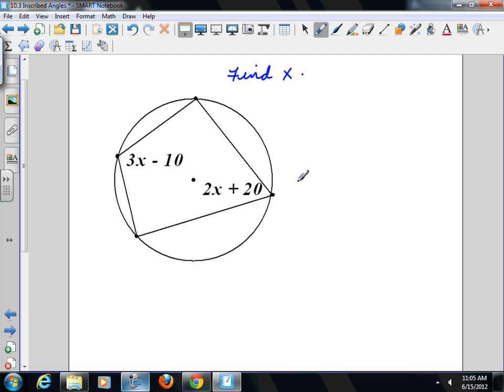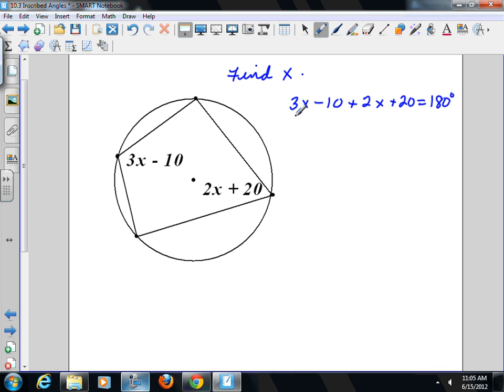Well, we know opposite angles have to be supplementary if the quadrilateral is inscribed in a circle. So if they're supplementary, we know that 3x minus 10 plus 2x plus 20 is going to have to add up to 180 degrees.